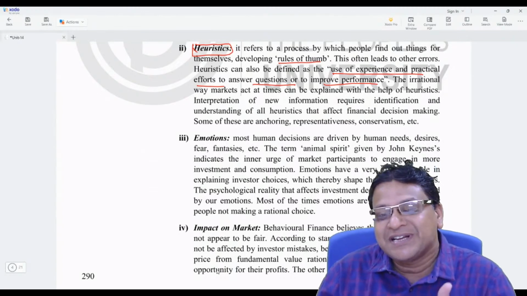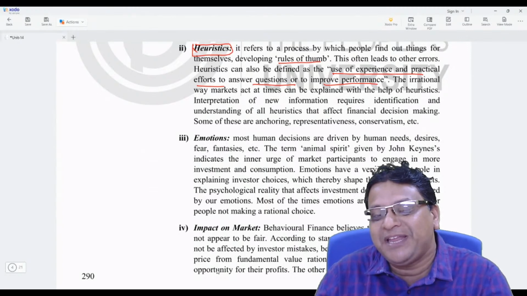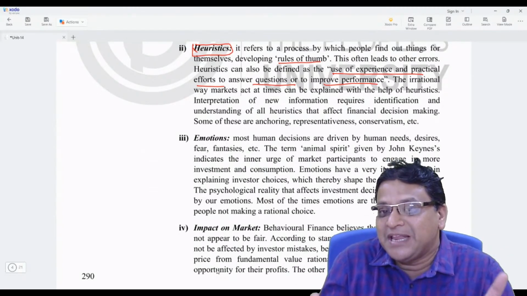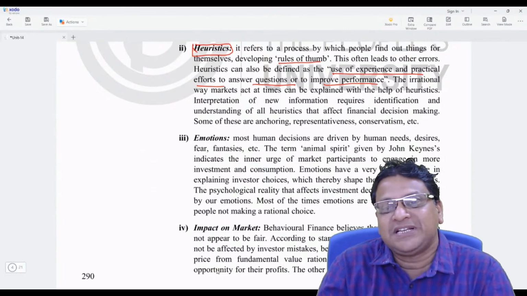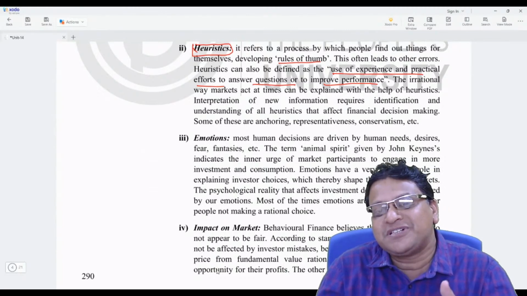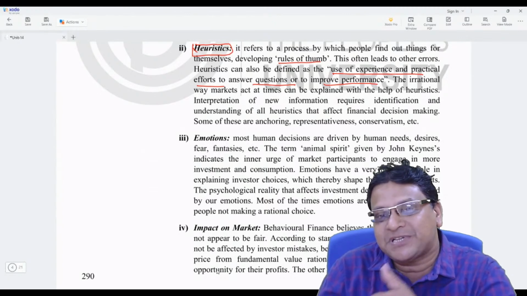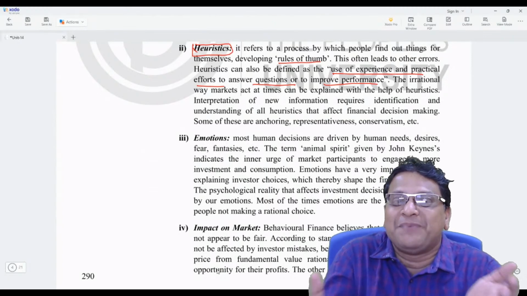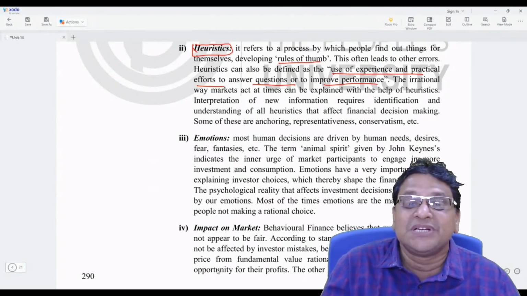Some investors say that I will invest my money only on Thursday. They have a religious belief. There is a rule of thumb. Some investor believes that when the market crashes by 10%, it will go up. So it is their rule of thumb. It is their belief. That is known as heuristics.